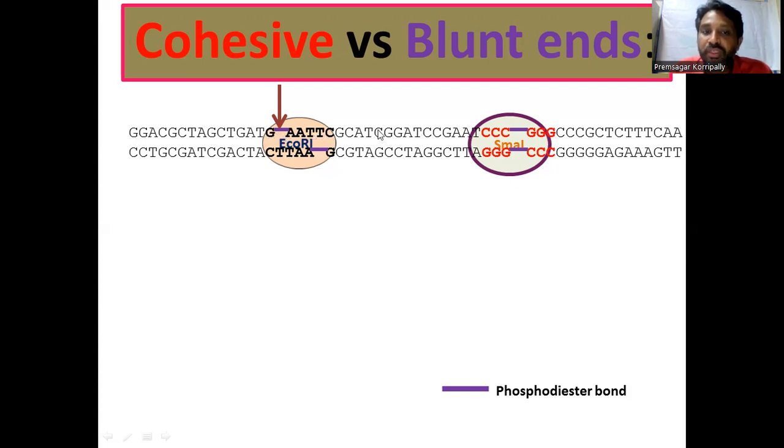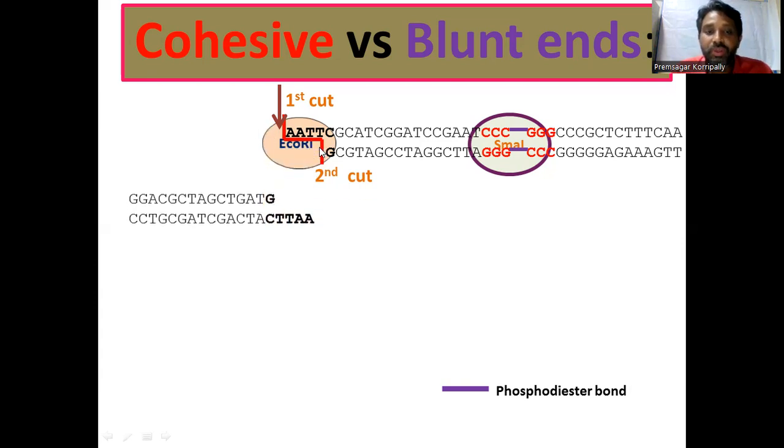This is the first cut. And the second cut is at the opposite end of the complementary strand.